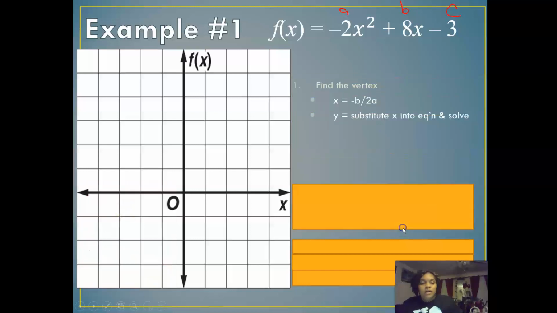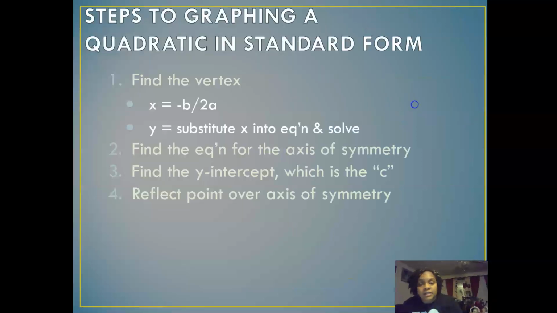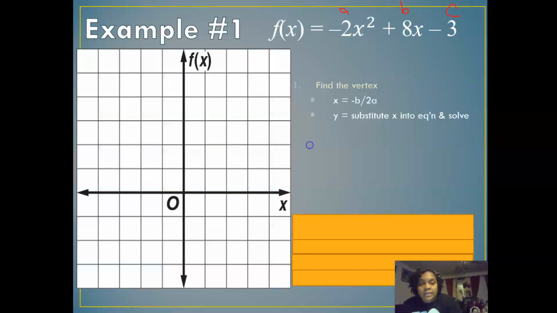The formula is x equals negative b divided by 2a. The vertex should be an ordered pair, but this only tells us the x. To find the y, you must take your x and plug it into the equation.